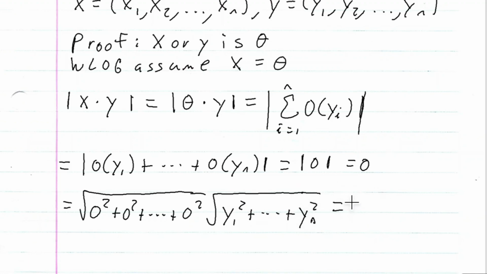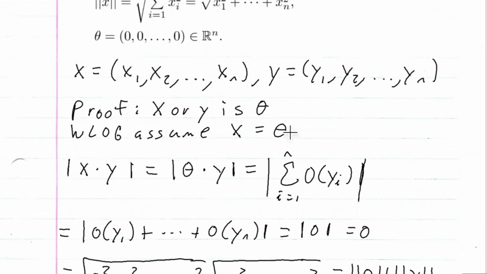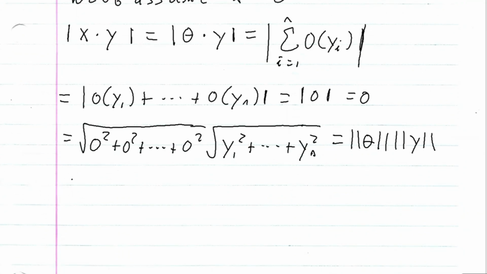The first square root is just 0, since 0 times anything when they're real numbers is 0. And this is the definition of the norm of the 0 element in R to the n times the norm of y. We established that x was that 0 element, so this is equal to the norm of x times the norm of y.